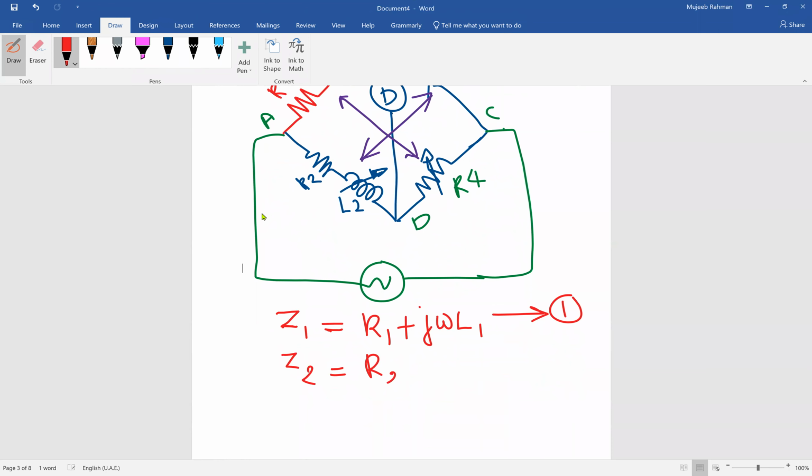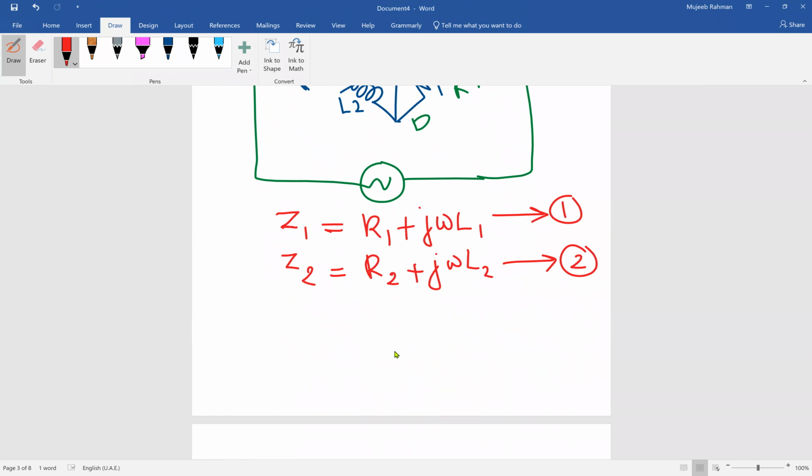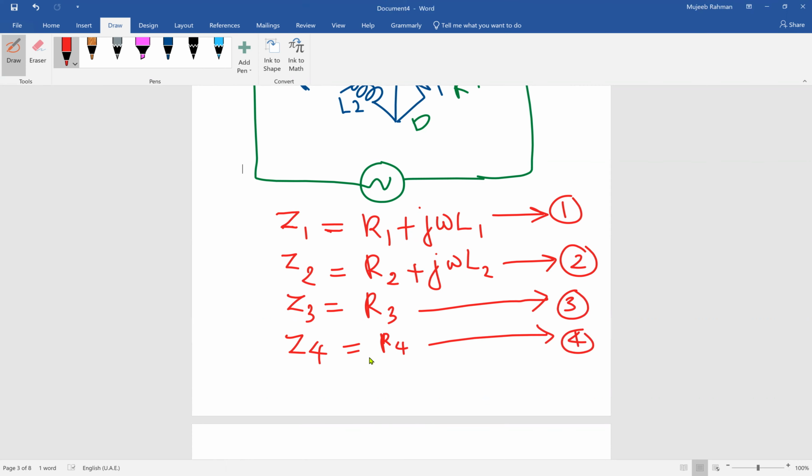Z2 is calculated by the equation R2 plus j omega L2. This is going to be equation number 2. We also have two other resistances. Just for convenience, we mark Z3 as R3 and Z4 as R4. They are pure resistors, but for our convenience we mark them as impedances here.